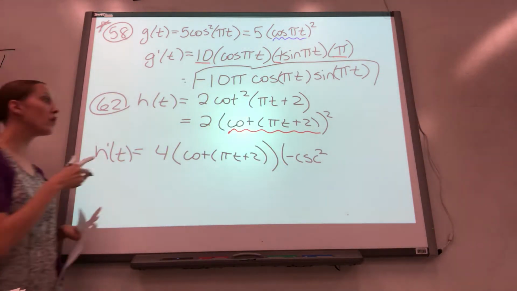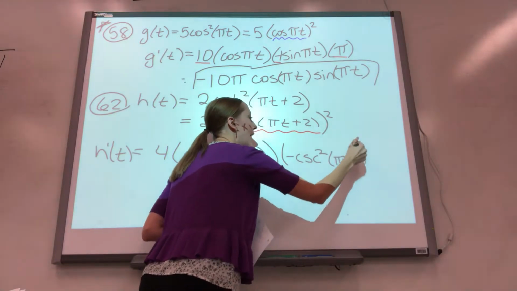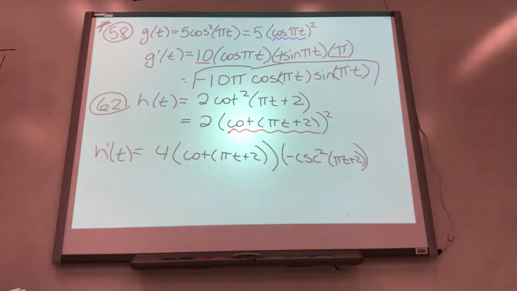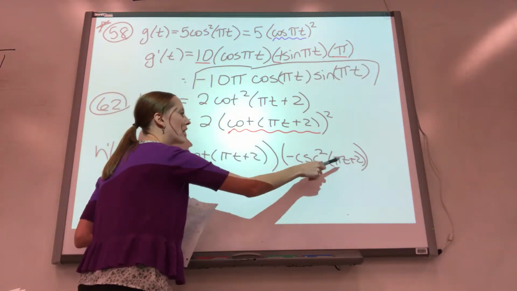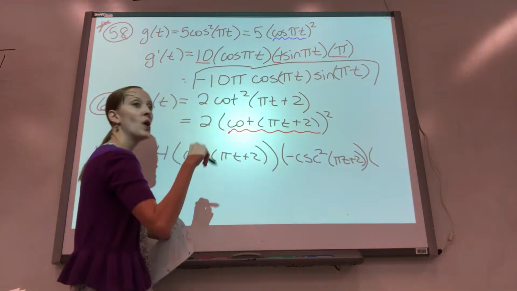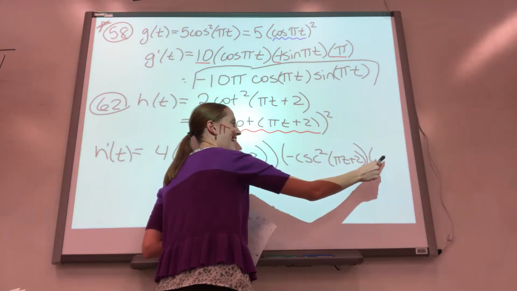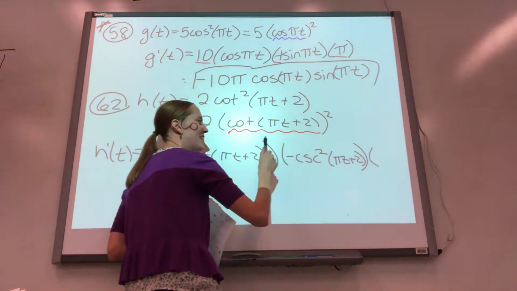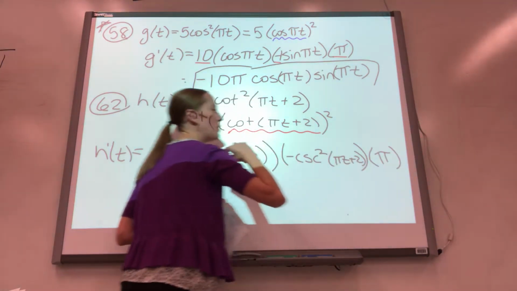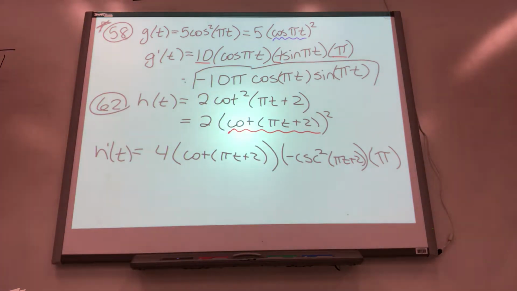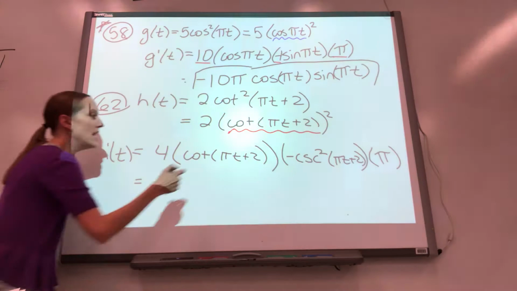This is the chain rule for trig functions right here. So I leave the part after it alone. So it's negative cosecant squared of pi t plus 2. But what will I have to put right after that? Anybody know? Yeah, and that would just be pi. So chain rule inside the chain rule, again on this one.